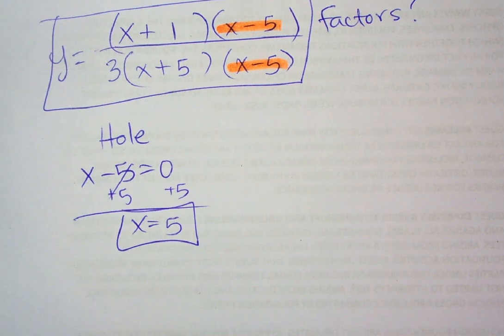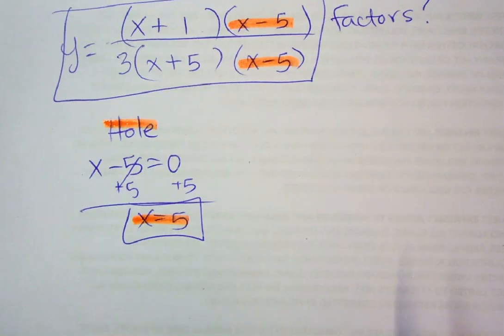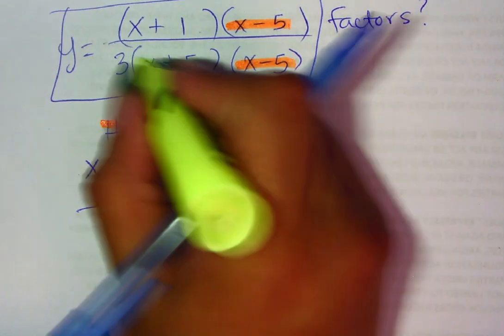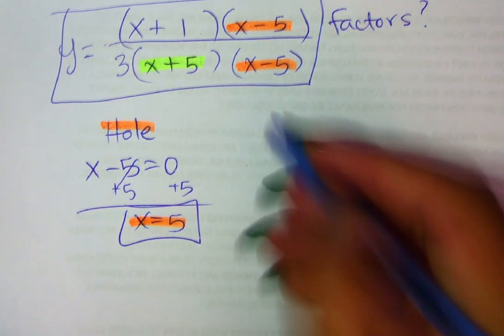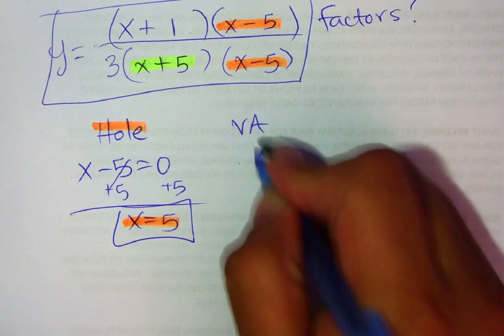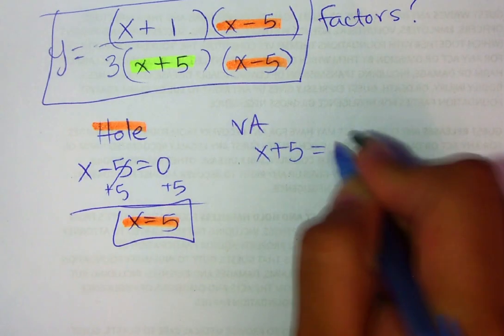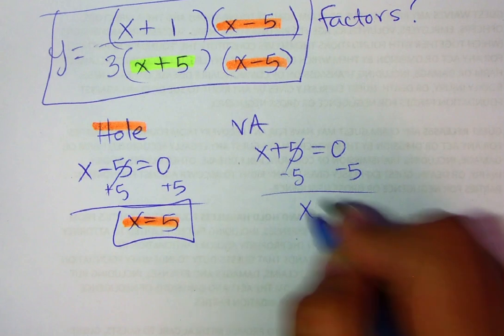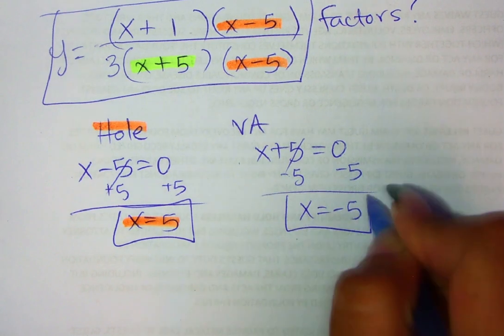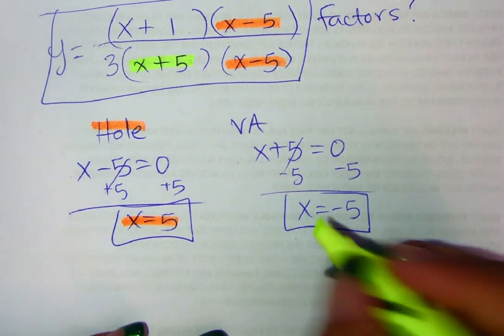So again, that will be your hole. The other part that you can find is your VA, which is with the other factor that's left in the denominator. So the VA is going to be found through x plus 5 equals 0, minus 5 on both sides, x equals -5. So that will be your VA.